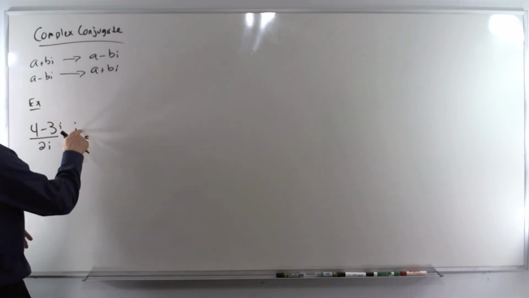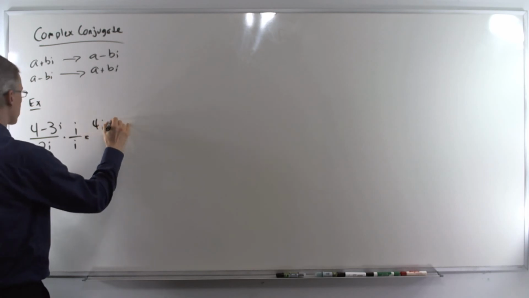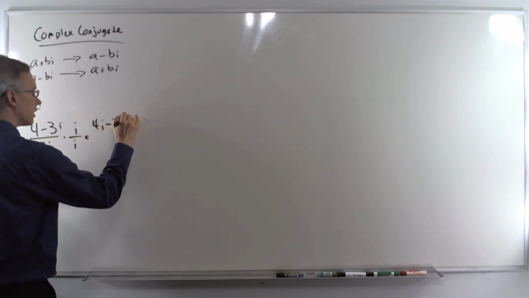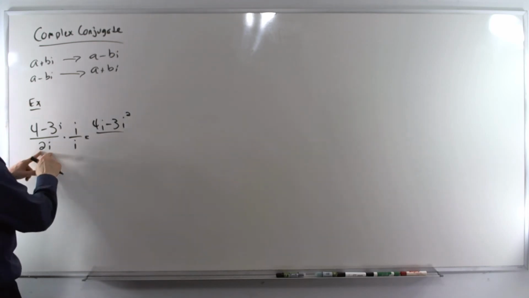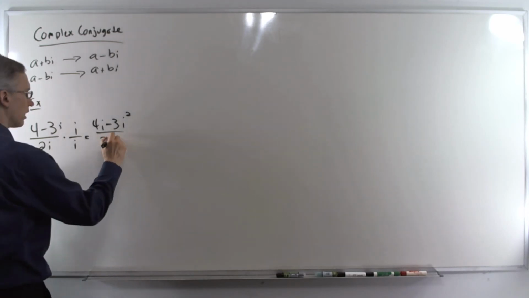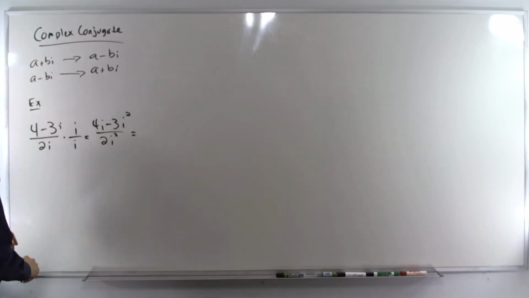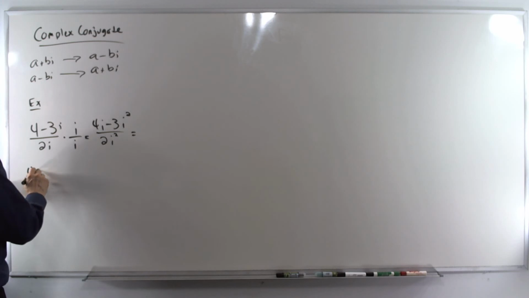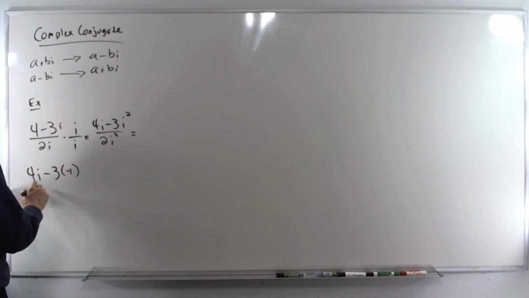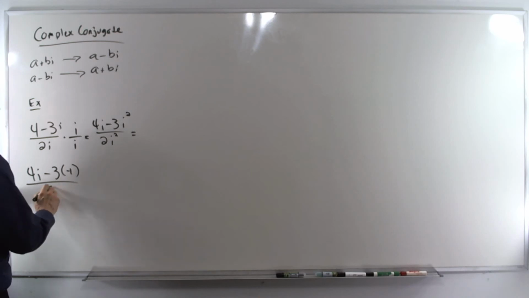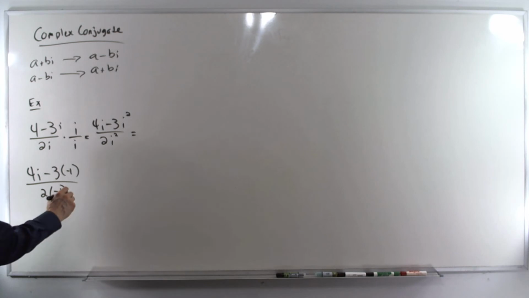All right, now we have to distribute the i in the numerator. So that gives us 4i minus 3 times i squared. And in the denominator, we have 2 times i, so 2i squared. Now converting those i squareds into negative 1 gives us 4i minus 3 times negative 1 over 2 times negative 1.